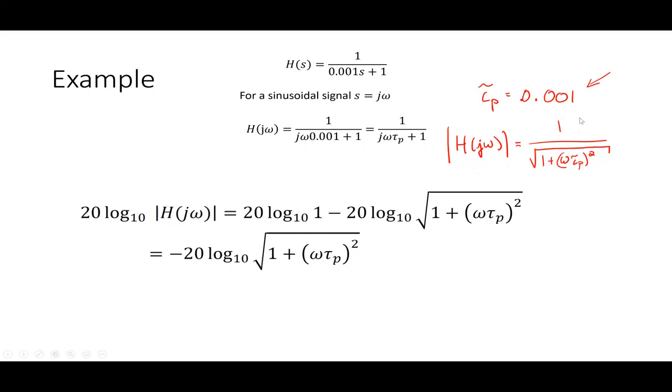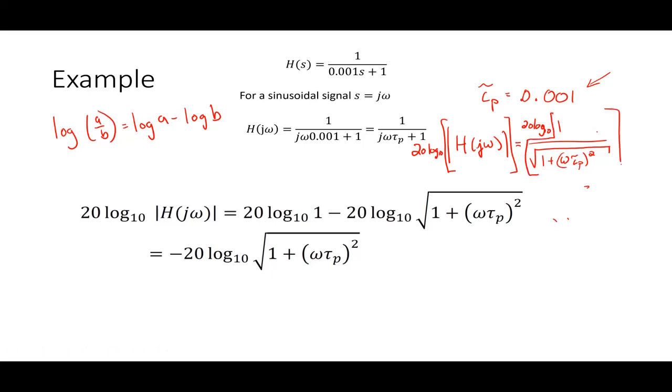If I take 20 log 10 of this guy, remembering that we said log of a over b is equal to log of a minus log of b, I apply that and take 20 log 10 of this side. Hopefully you see what I'm doing there.